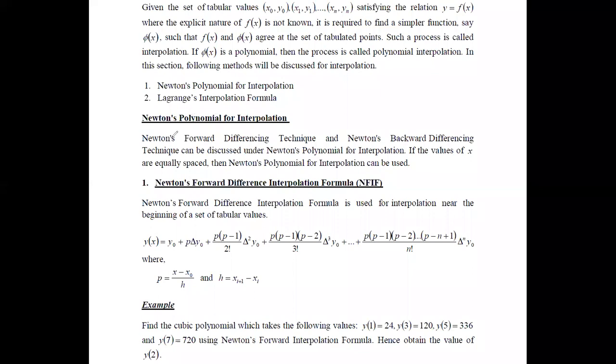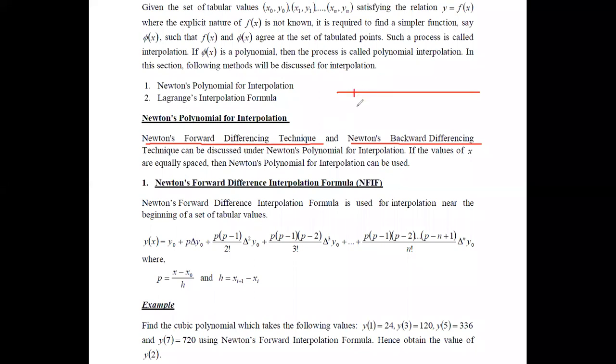But if you need to use either method, what you have to check first is whether the data set is fit for applying Newton polynomial. The condition is that the values of x should be equally spaced.